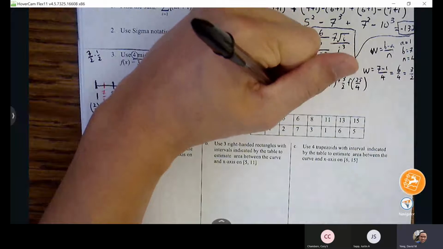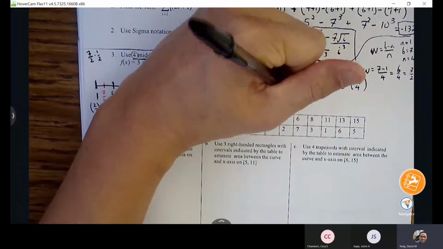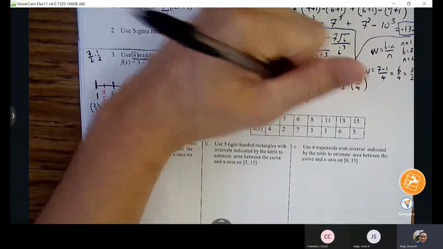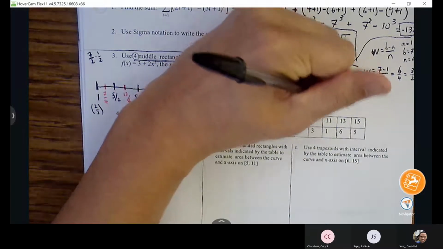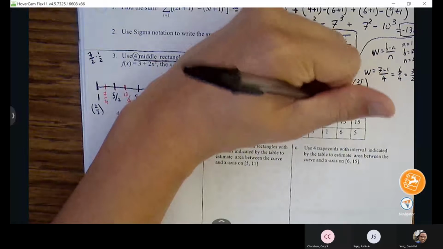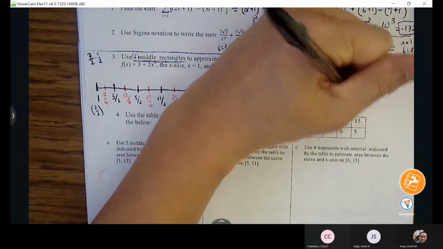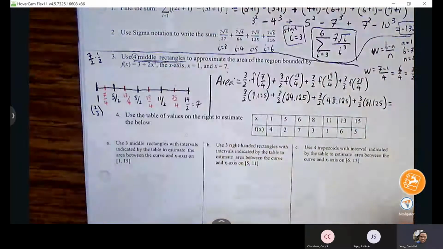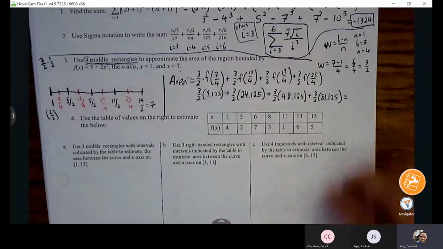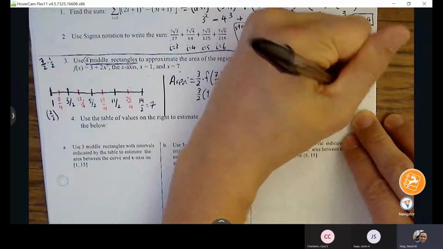And we just repeat that process for all the other fractional values we have to insert in. Okay, so now it's just making the calculator do all the work for us here.